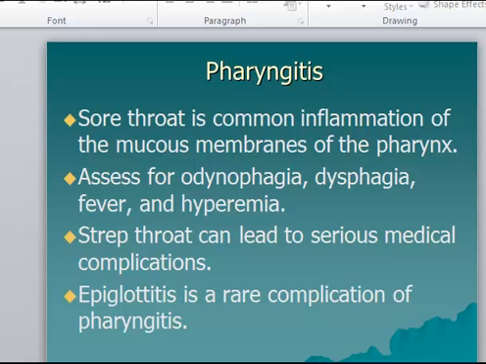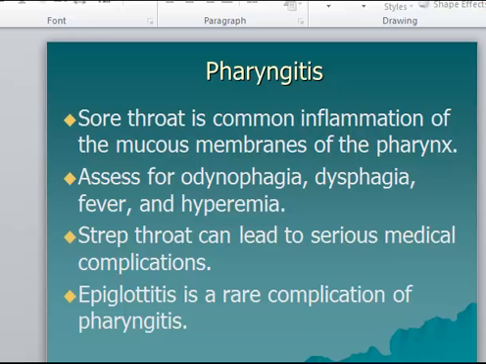There is another rare complication of pharyngitis in adults, and it's called epiglottitis, where the epiglottis can swell and obstruct the airway, causing an emergency situation that inhibits oxygenation and tissue perfusion.